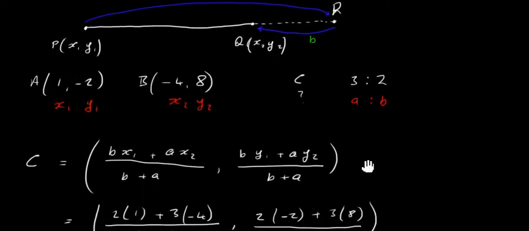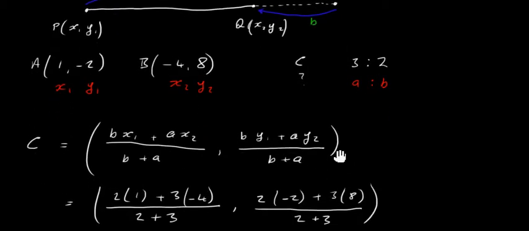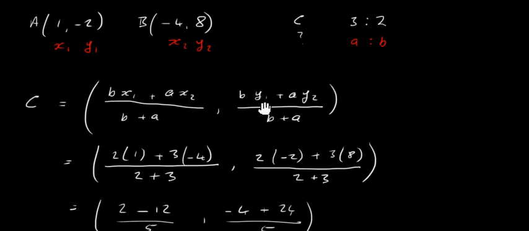So I've written the internal division formula down here, and I've identified all the numbers we need to put into it. So b here is 2, so we put in 2 here. x1 is 1, a here is 3, and so on, a plus b down at the bottom here.